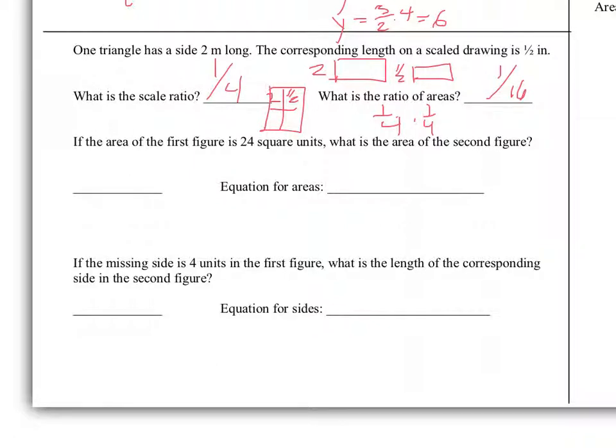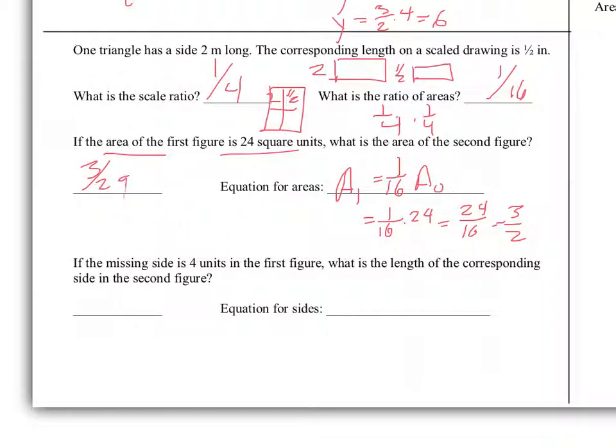And so if the area of the first figure is 24 square units, then we know the area of the new figure is equal to 1/16 of the area of the original figure. So we're going to do 1/16 times 24. It's going to give me 24 over 16, which is equal to 3/2, or 1.5 square units.